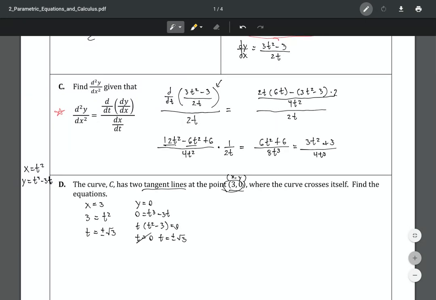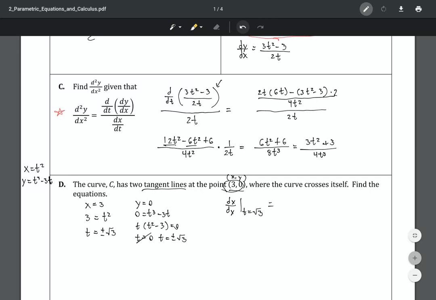So for this one right here, the derivative of y with respect to x, let me see. I think I'm getting all jumbled up here. I am, sorry. The derivative at t is equal to the square root of 3 would be the following.